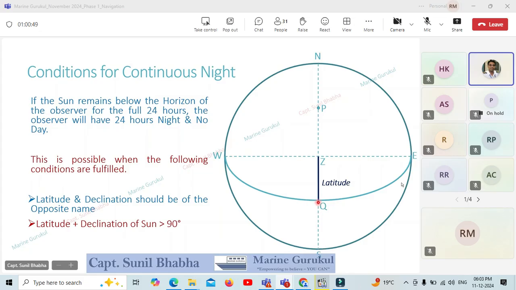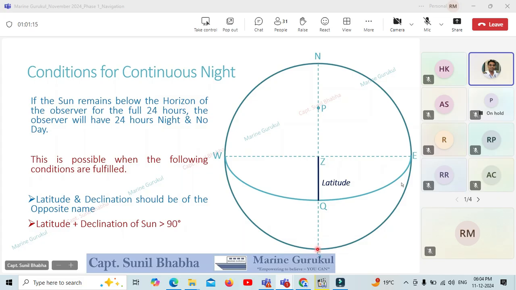Now, if the sun is between point Q and point S, it has southerly declination, but it will still be coming above our horizon. If the sun passes our meridian between Q to S, it will still be coming above our horizon. There will be a sunrise and there will be a day for some parts of the 24 hours.